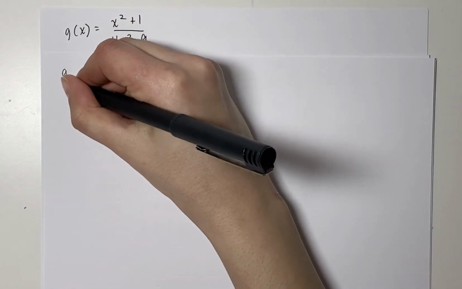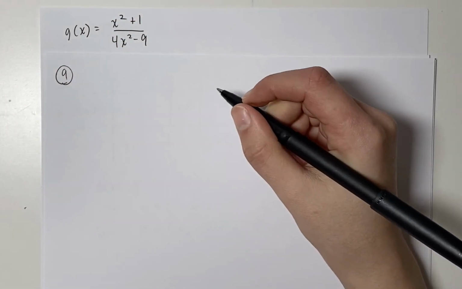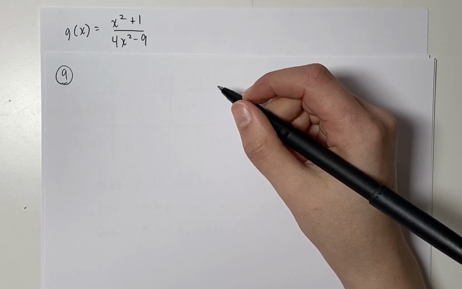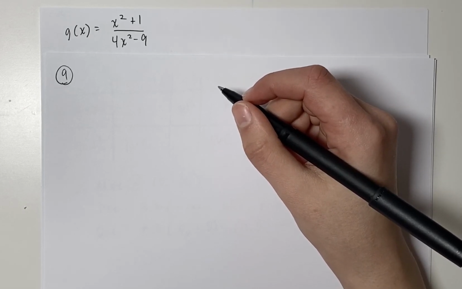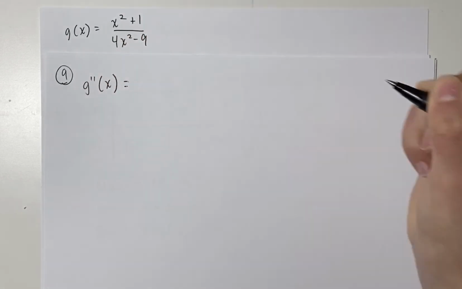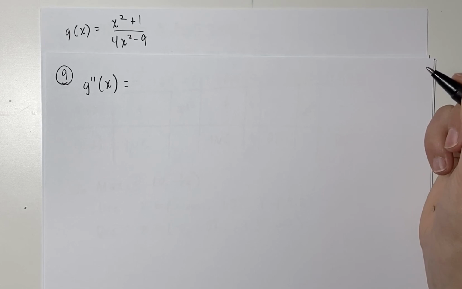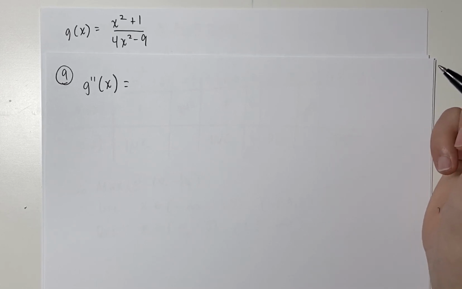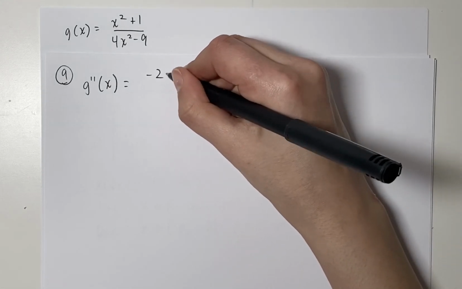Okay, so for step number 9, we're going to find our g double prime x so that we can find our points of inflection and determine our concavity. Since we already found our g prime x, we'll find the derivative of that.